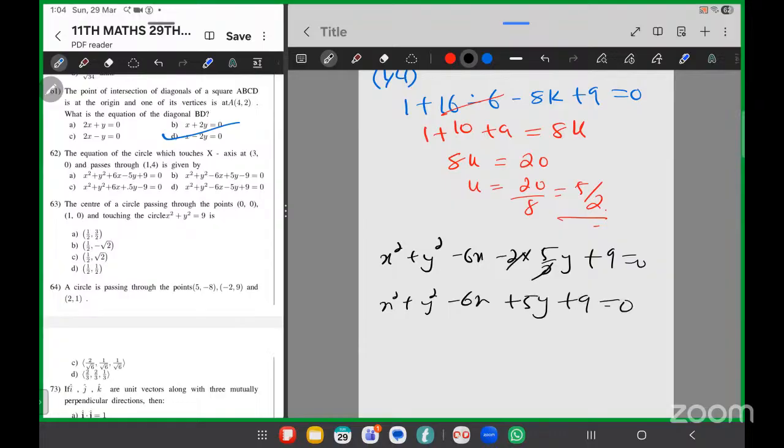x square plus y square minus 6x plus 5y minus 9 equal to 0. Plus 9 equal to 0.